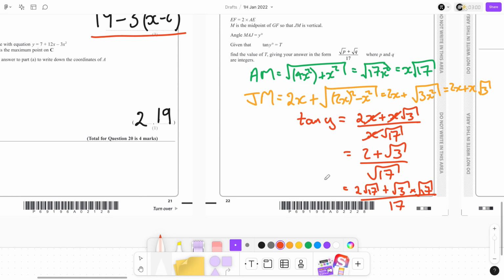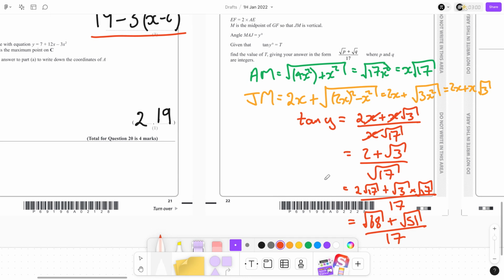And then we want to have it in exactly that form, so the 2's got to go inside, so that's times 2 squared, so that's 4 times 17, which is 68, so that's root 68. Root 3 times root 17 is just root 51, so that's root 68 plus root 51 over 17.